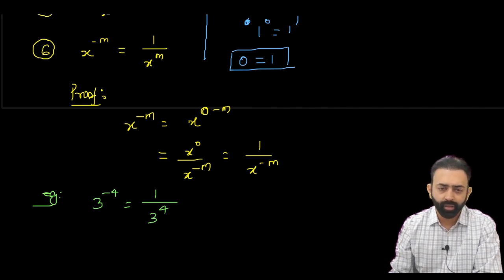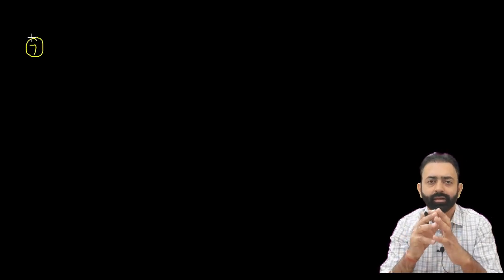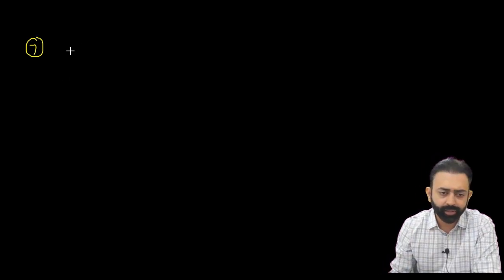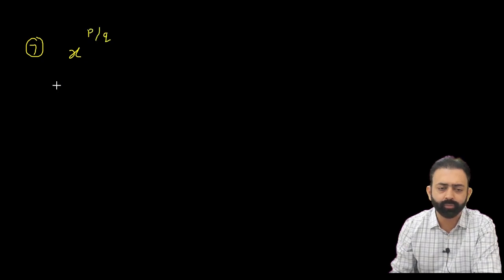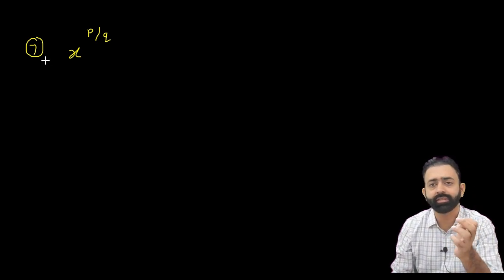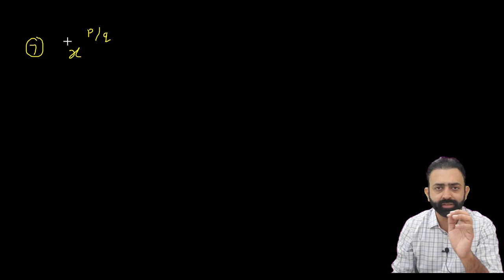Okay. All right. And the last law is of rational number exponent, or if the exponent is given in the form of p by q. Okay. So if any number x is written with some exponent of p over q. Okay. Although this is not again a law, this is just an extension of the law which is x raised to power m and raised to power n, x raised to power mn.